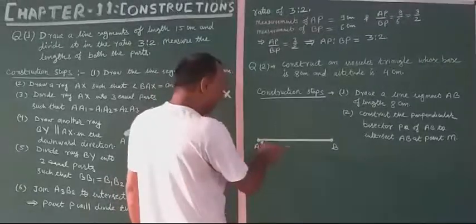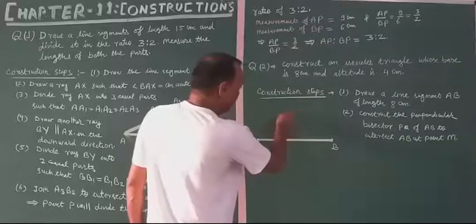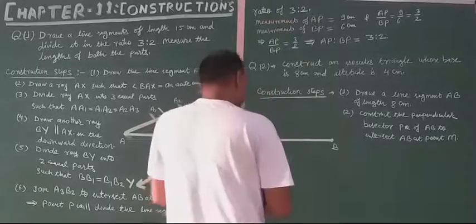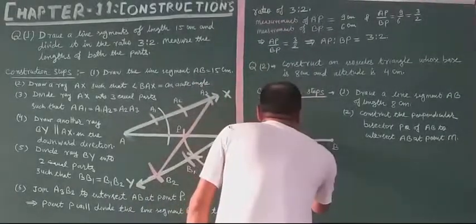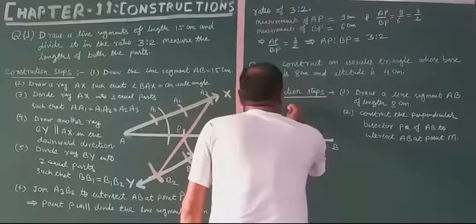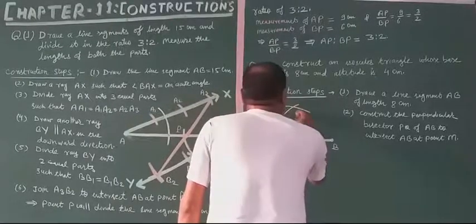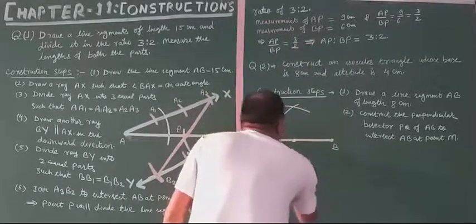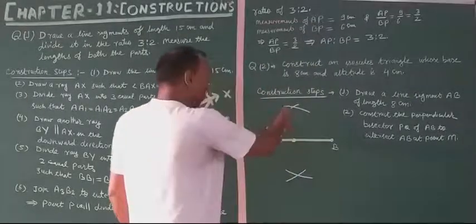We will put the compass here, and with more than half radius we will cut off arcs on either side, and the same process from point B, and we will get it in this way. We will cut off the arcs from here and from here.